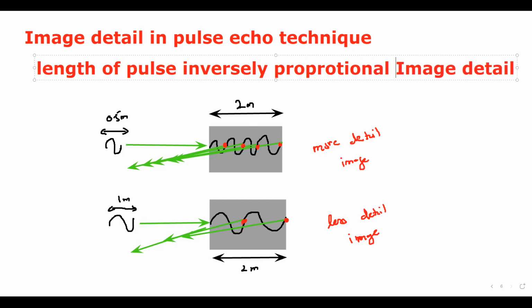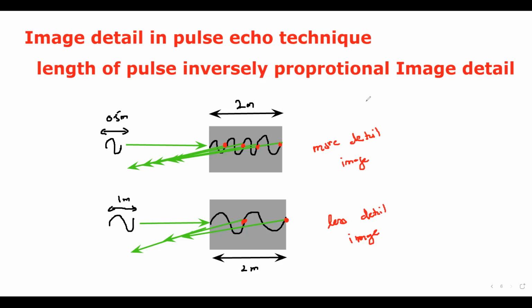If we are using a shorter pulse, we'll get a more detailed image, because there will be more points from which part of the pulse bounces back. So if we want to get a more detailed image, or see what is inside the object, we should reduce the length of the pulse. But it cannot be reduced too much, because if we reduce the length too much, then instead of being reflected, the pulse is absorbed by the material.